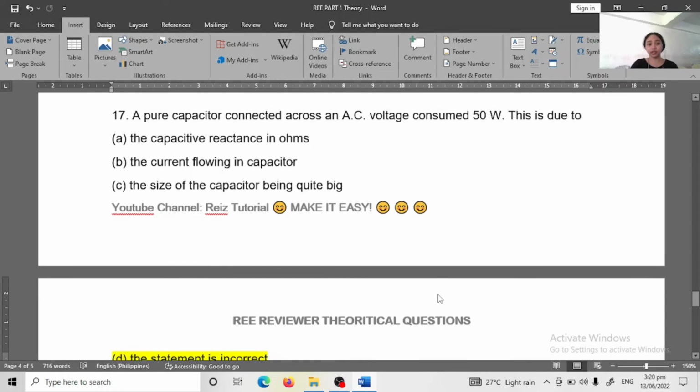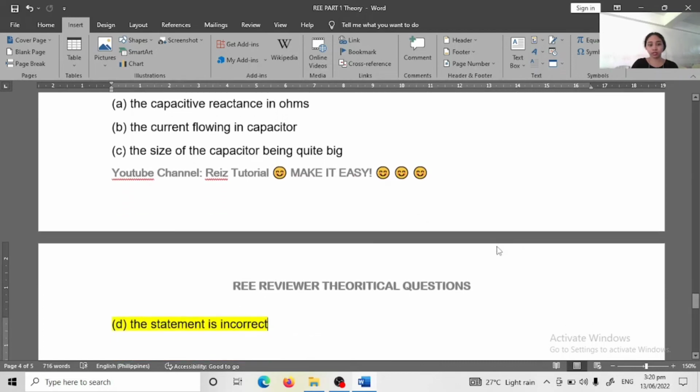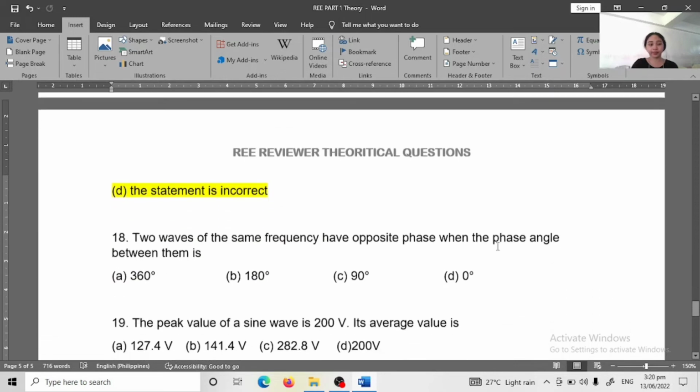So it is not true. If you have a pure capacitor connected to the AC voltage, it says it consumes 50 watts. No, it depends on your circuit or equipment that is being connected. So this statement is incorrect.